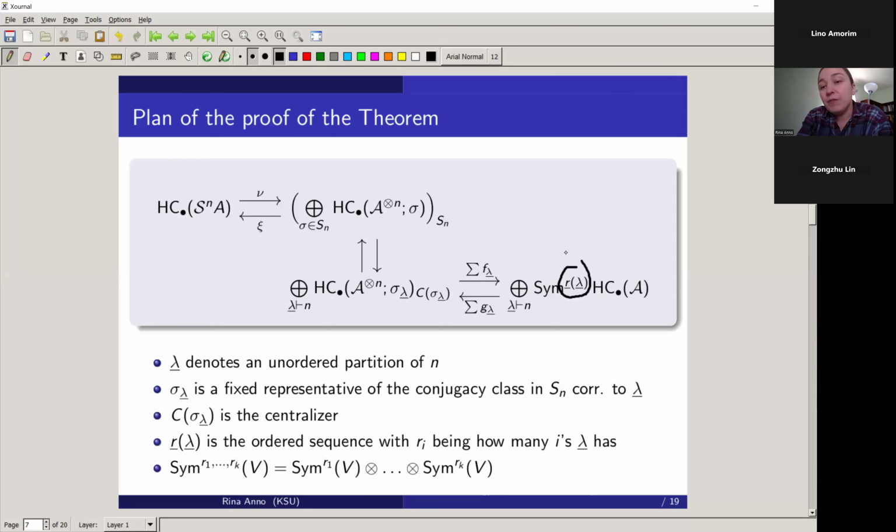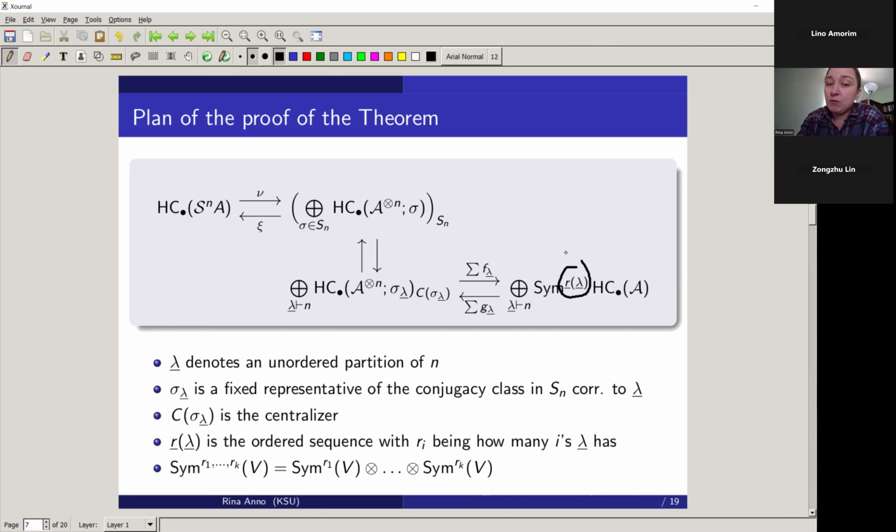What's the centralizer of sigma sub lambda? Well, it consists of all the powers of sigma sub lambda.